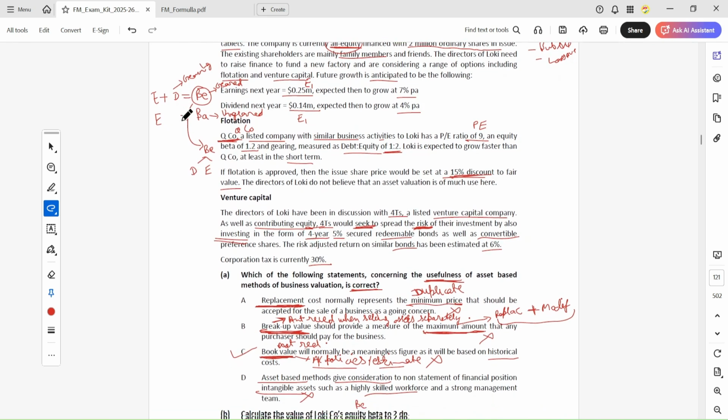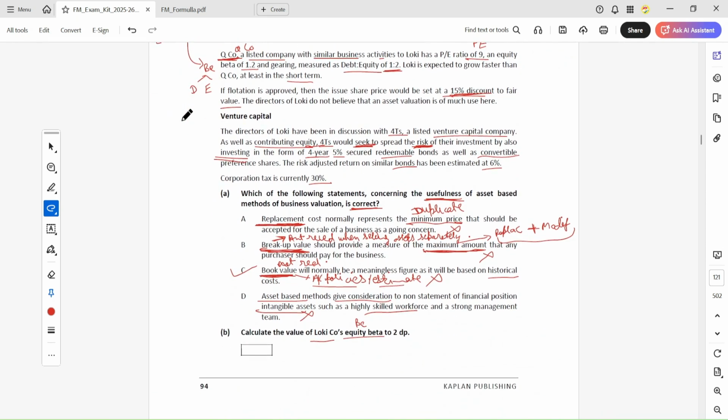This is known as de-gear or ungear the equity beta. You need to ungear this equity beta.